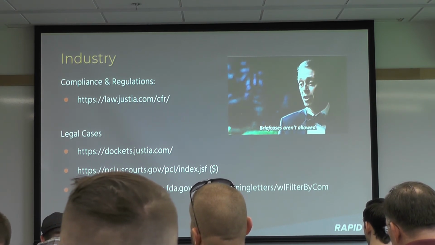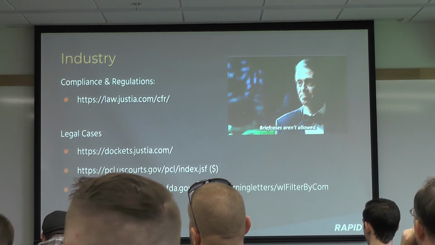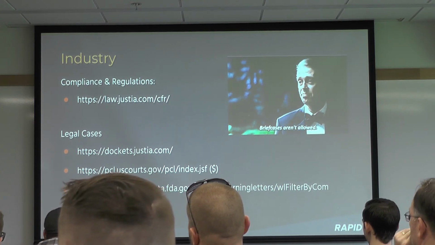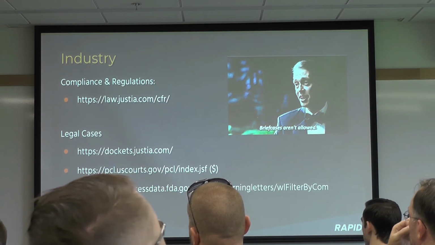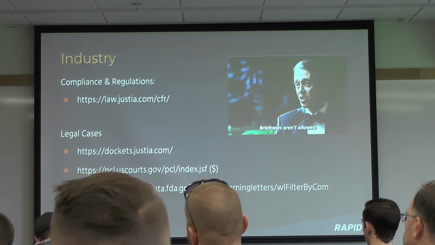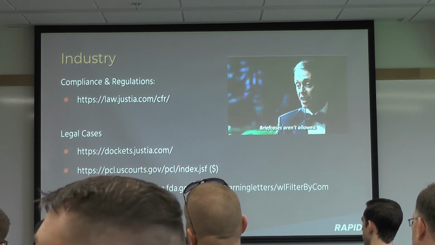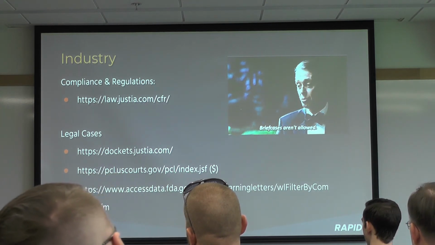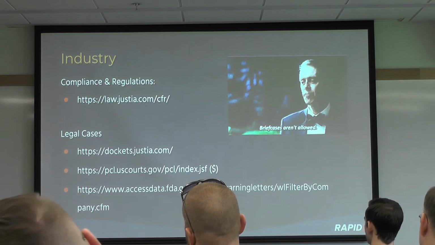Other interesting stuff: legal cases. Another way I could have gotten a customer's, or rather probably a former customer's, first and last name would be to look at court cases the organization has been involved with. dockets.justia.com is one resource that's free and doesn't require you to register.